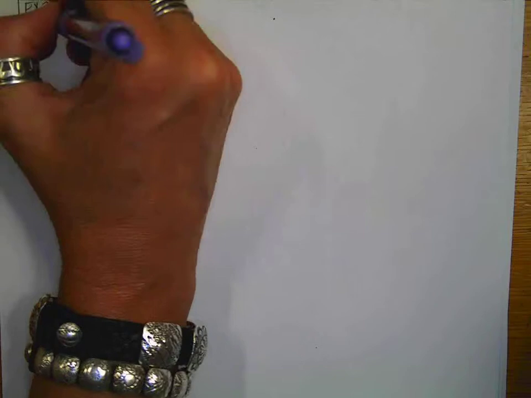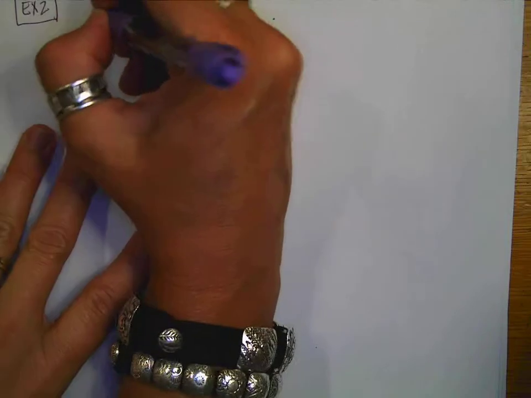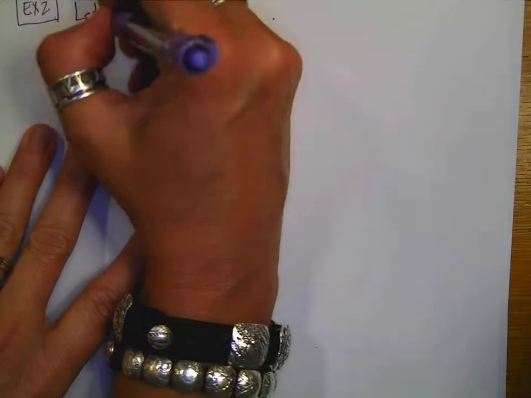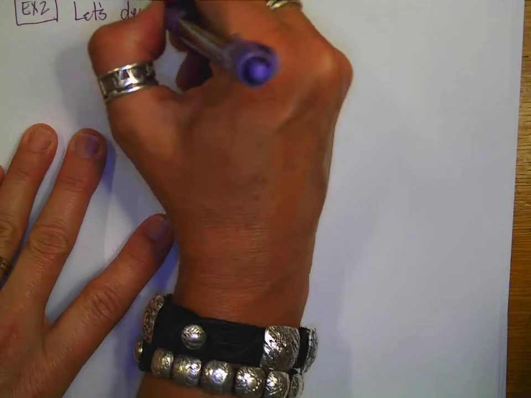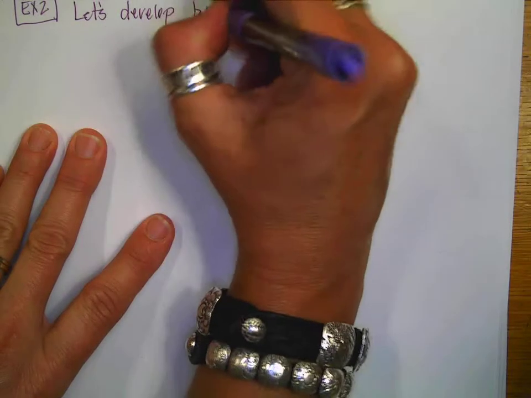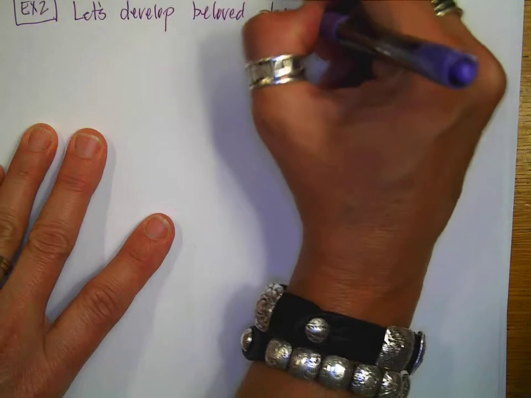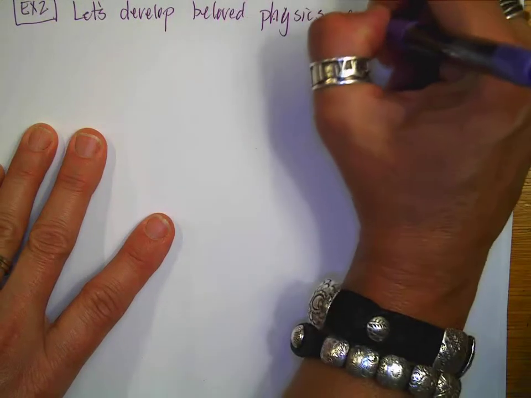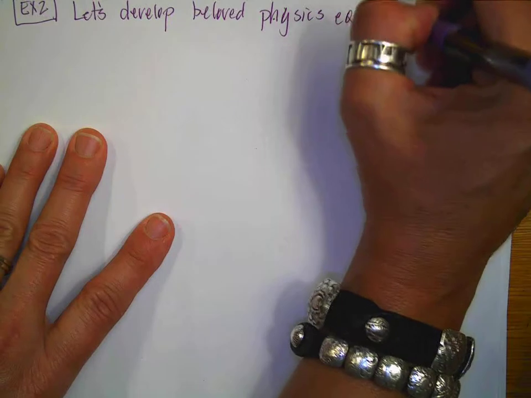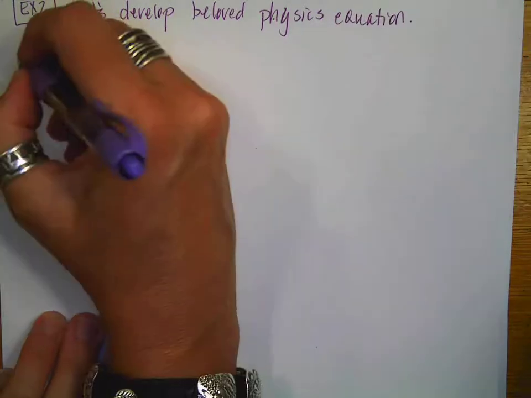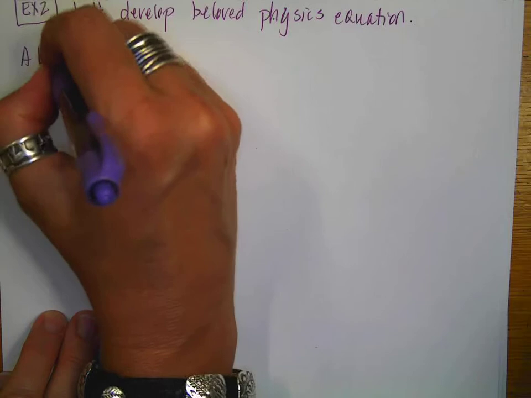So example 2 says, before it says anything, we're going to actually develop a beloved physics equation. I'm not sure that you guys think of them as beloved, but I think they're very fun. So here's going to be our problem.